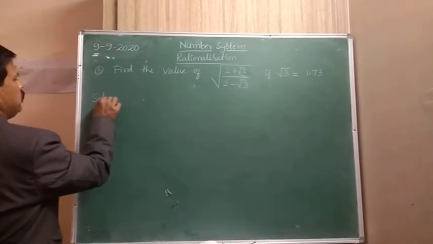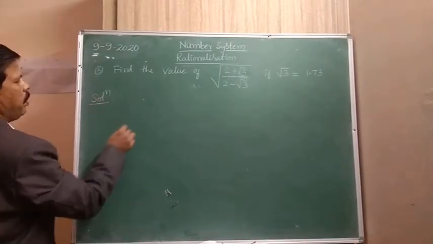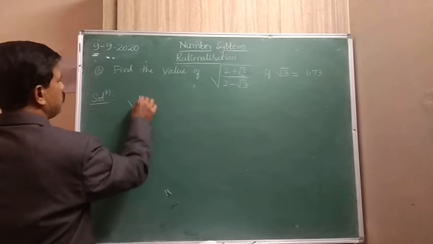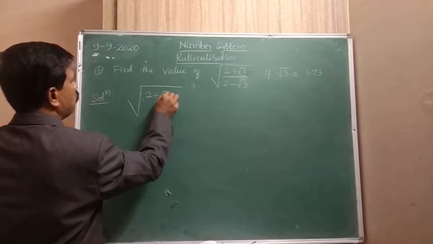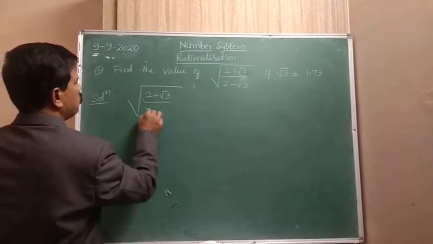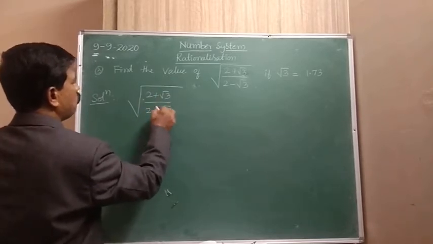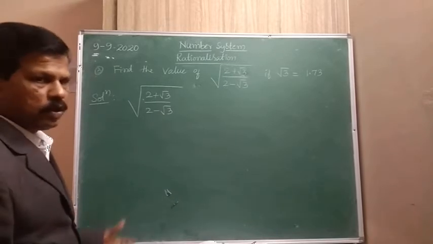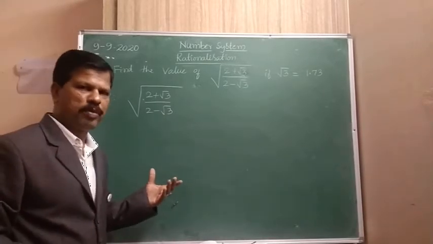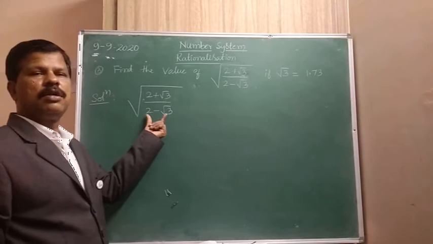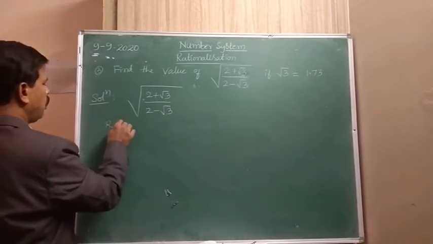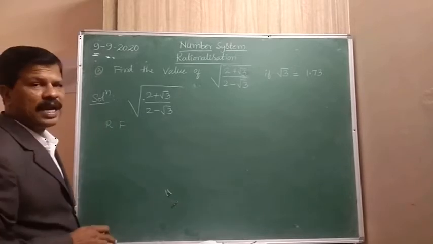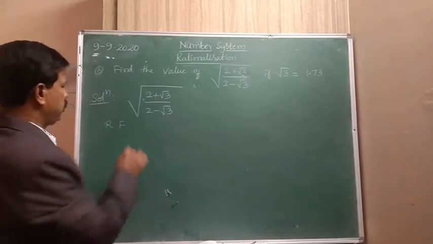For this solution, first take the LHS. So, 2 plus root 3 by 2 minus root 3, all under the square root. Then we know how to rationalize the denominator. First take the RF. RF means rationalizing factor.